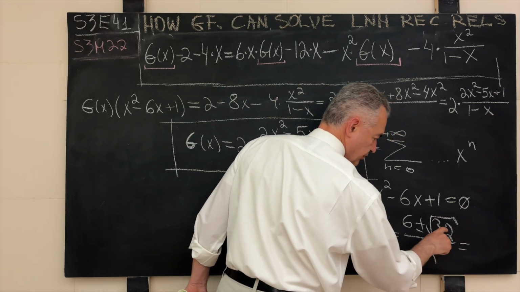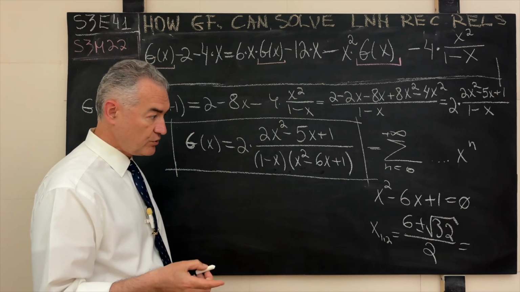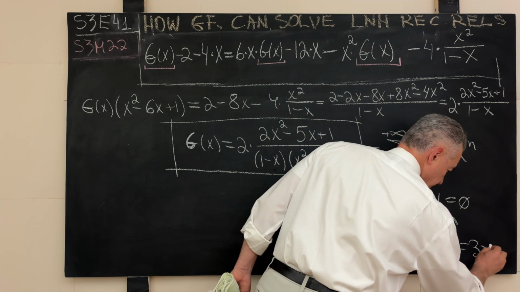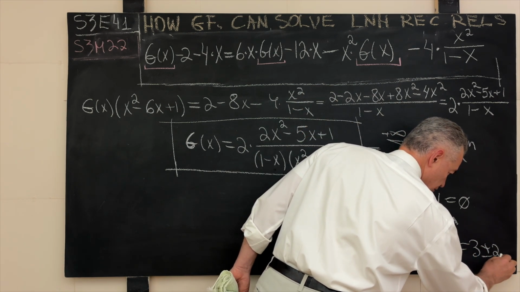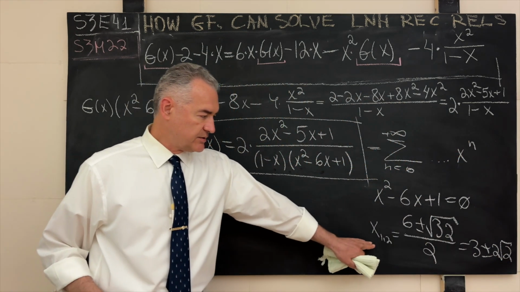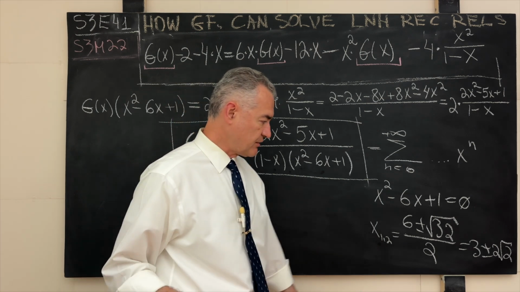We represent 32 as 16 times 2. Square root of 16 is 4. 4 divided by 2 is 2, and there you go. We have our 2 roots, 3 plus minus 2 square root of 2. So now the symbols x1, x2 will stand for specific real numbers.